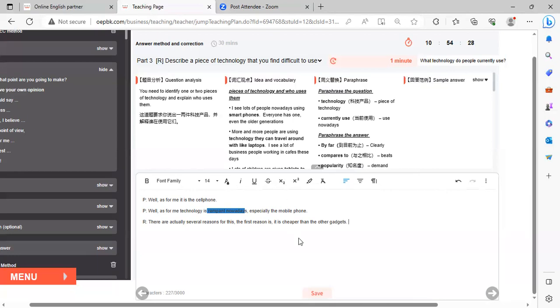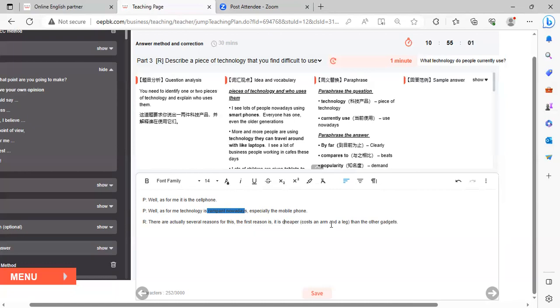Well, cheap, cheaper, or expensive. It's the opposite of expensive. Do you know that the idiomatic expression for expensive is "cost an arm and a leg"? But since this is the opposite, the first reason is it doesn't.